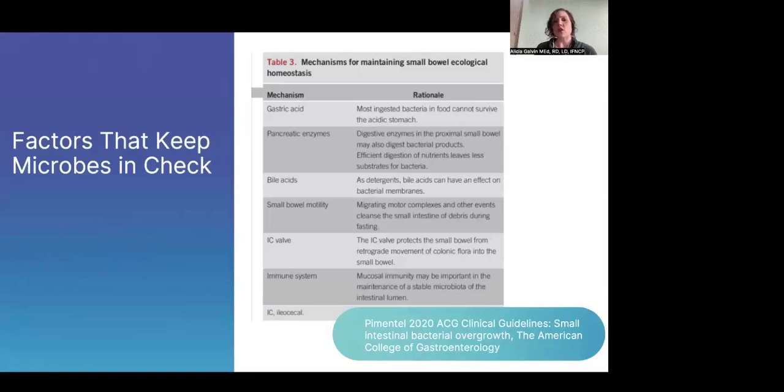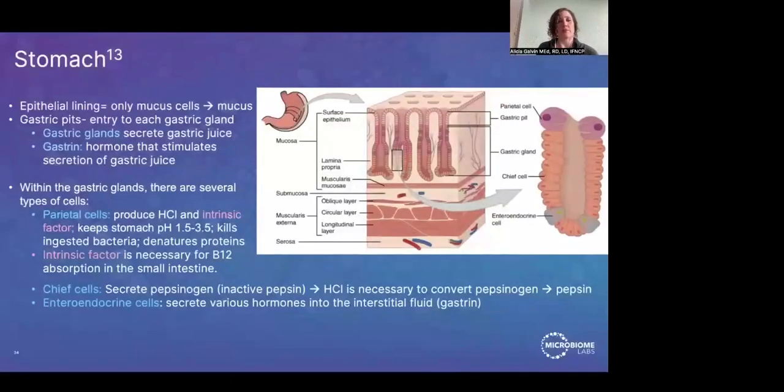So these are all the factors that we already have built into our own bodies to keep microbes in check. So when you have someone who's dealing with any kind of dysbiosis, whether it be SIBO, LIBO, other, just general dysbiosis, look at these things. This is your list. These are the things that you'd want to address. And we'll go through each of these in the next few slides.